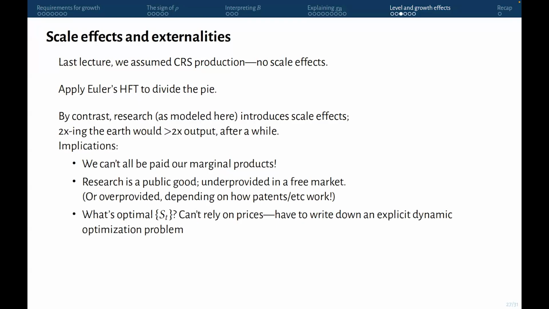Either you're going to keep it a trade secret and make a profit off of it, which is really inefficient, or there's going to be underinvestment in new ideas because you can't capture all the benefits. And so if you want to figure out what the optimal path of research investments over time is, you can't just rely on prices. You're going to have to write down an explicit optimization problem.